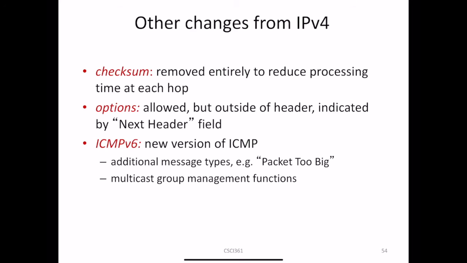Therefore, if we still add a checksum into the network layer, it seems like a redundancy. Therefore, IPv6 decided to remove the checksum field from the header part. And for the options, it's still allowed, but outside of the header, which is indicated by the next header field.